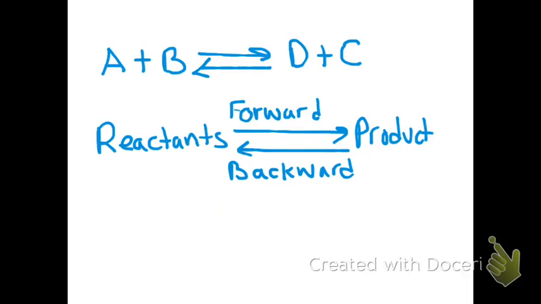Sometimes the backward reaction is also known as the reverse reaction. So forward and backwards or reverse. This terminology we're going to use quite a bit throughout the remaining year. And so make sure you always understand that when we talk about the forward reaction, it is going from reactant to product, and the backwards or the reverse reaction is going from product to reactant. Okay?